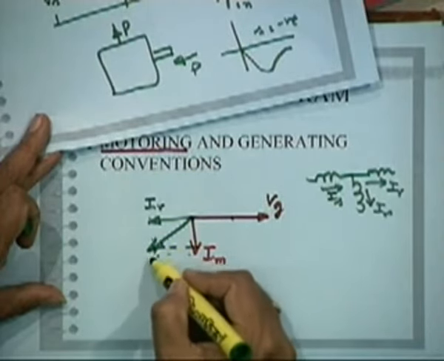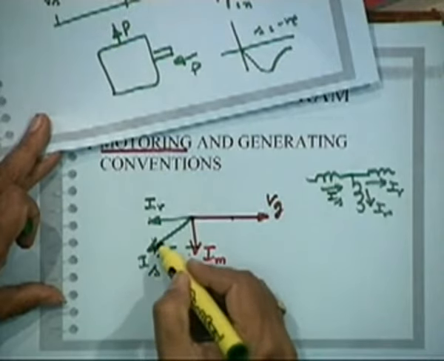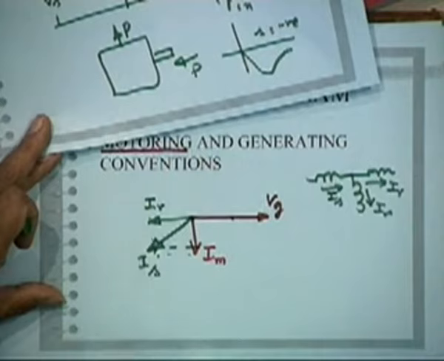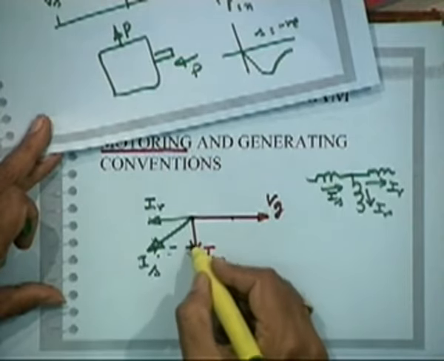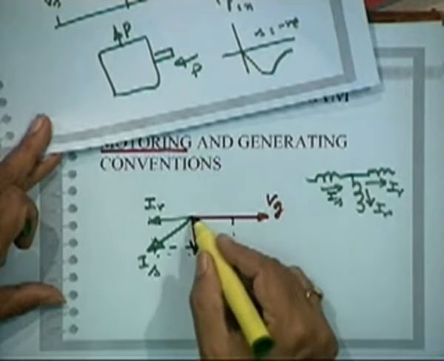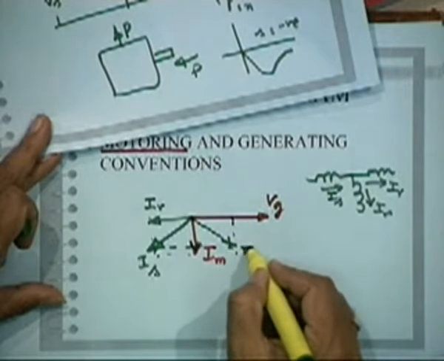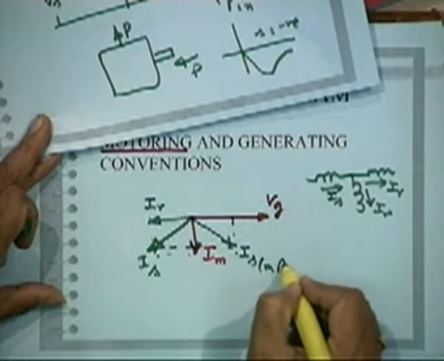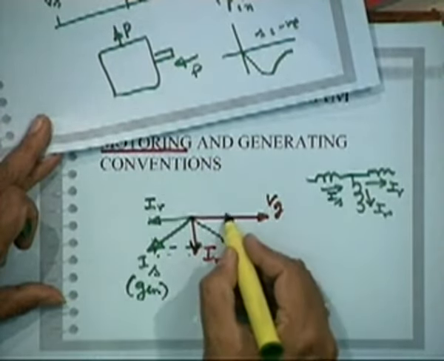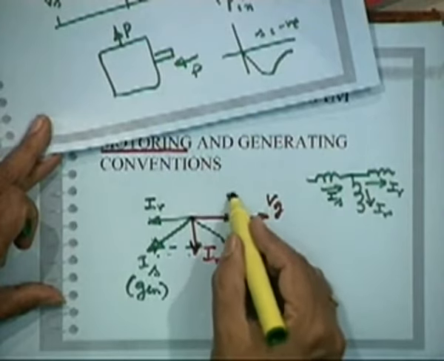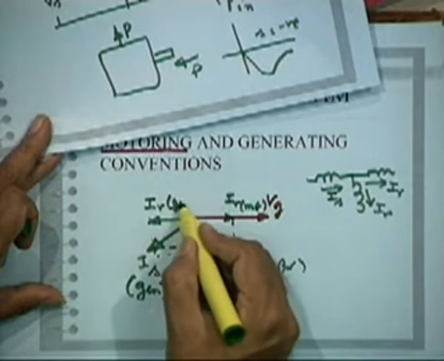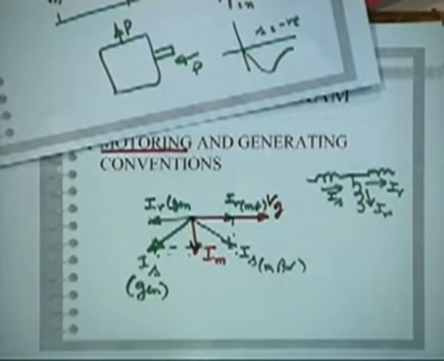That will be IS. As a motor it would have been here. As a generator it will be here, because your IR has reversed. So this is IR motoring, IR generating. Is it okay?